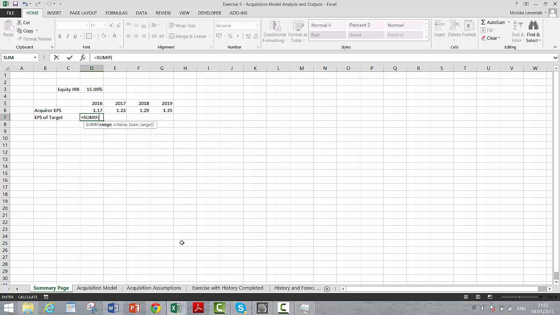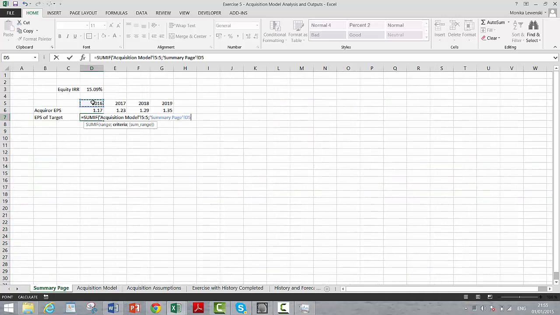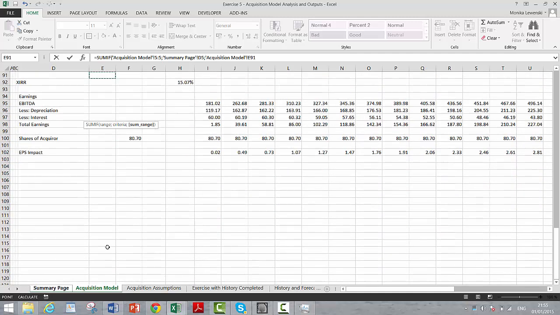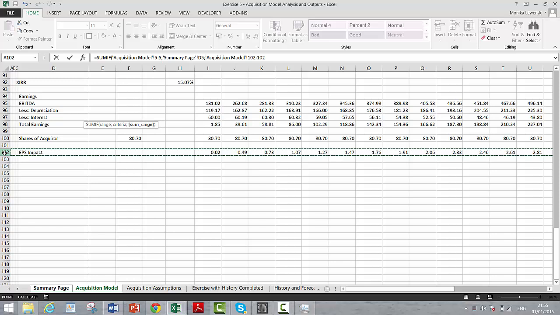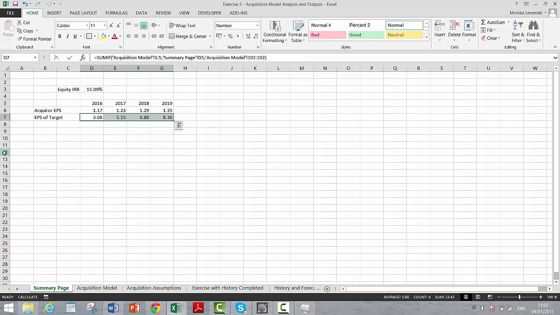Oh my gosh, am I losing it? Sumif. Go to the acquisition model, click on the year, come back to our summary page, click on that year, go back to the acquisition model, and go down and sum the EPS impact. I think we can do that. Oh, so we do have accretion. Ooh, big accretion. Okay.